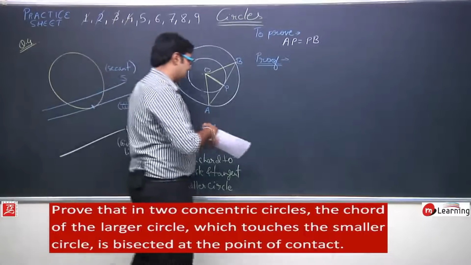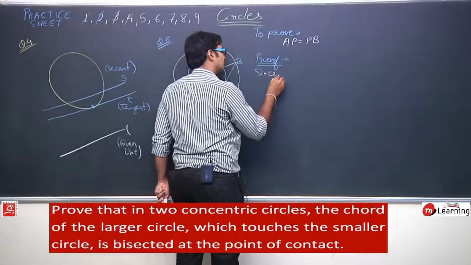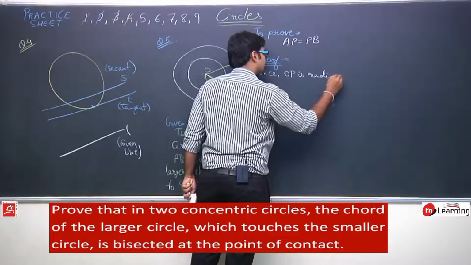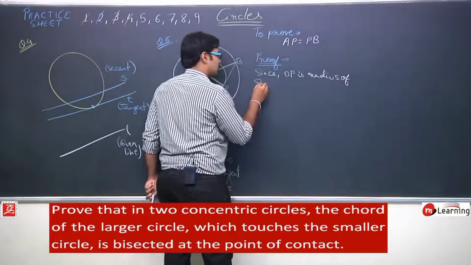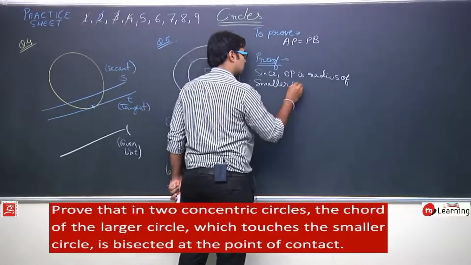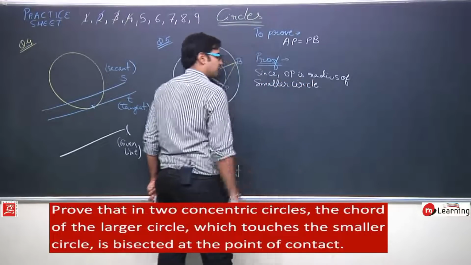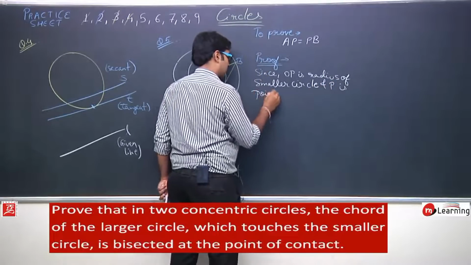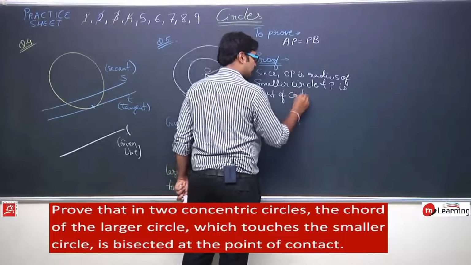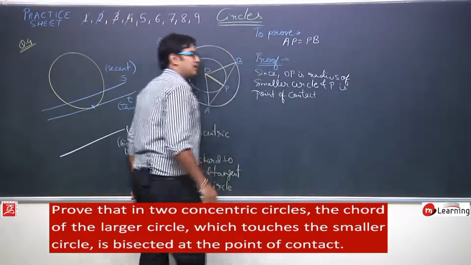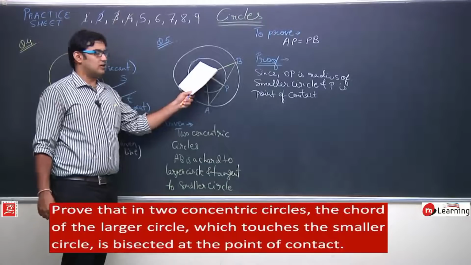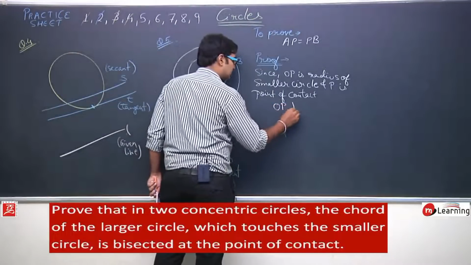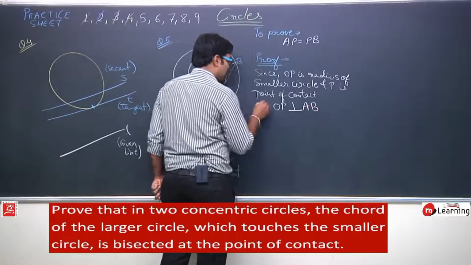So can I say, since OP is radius of smaller circle and P is point of contact of this inner smaller circle and the tangent, therefore I can write OP is perpendicular to AB.